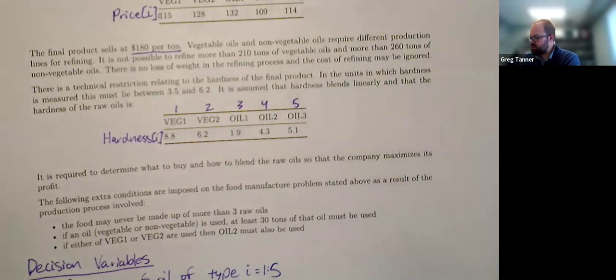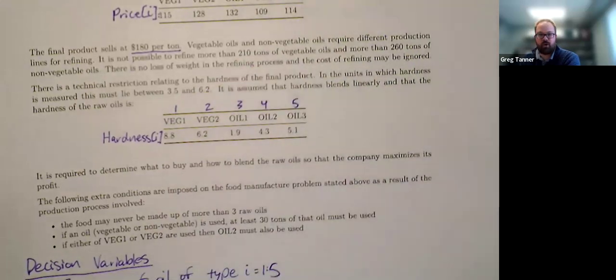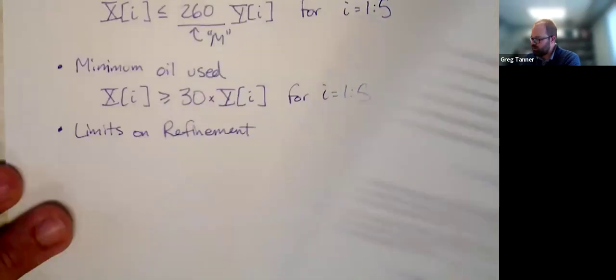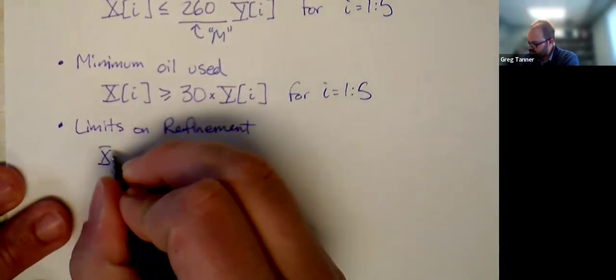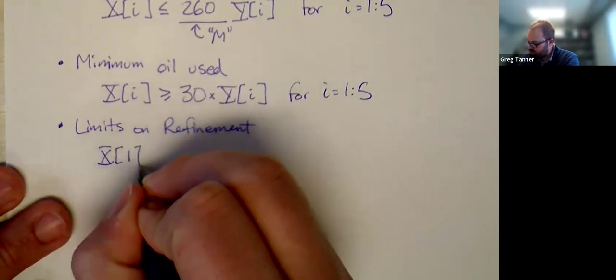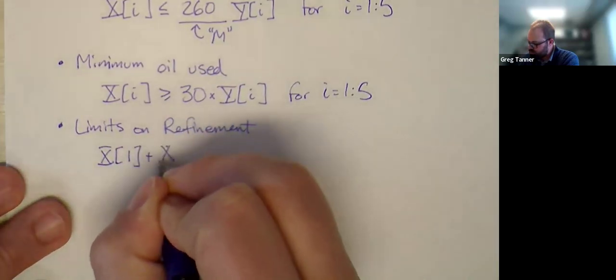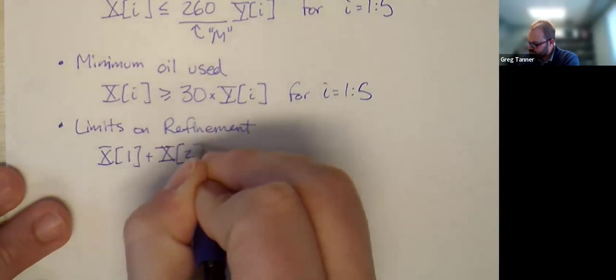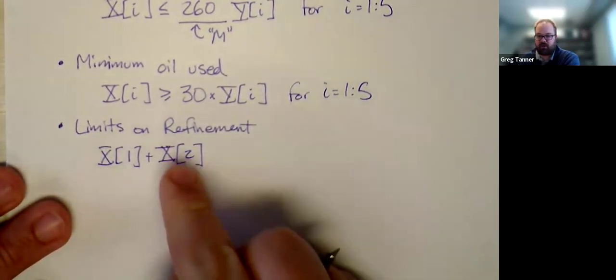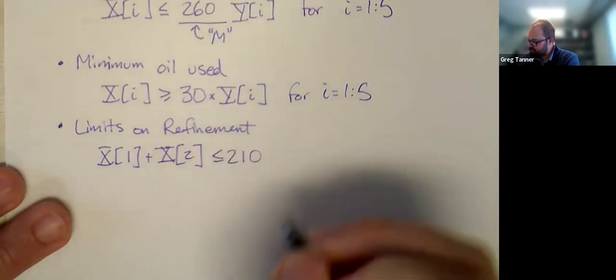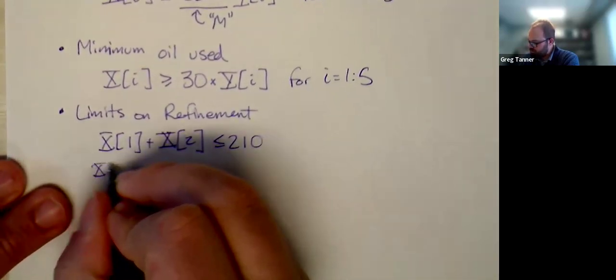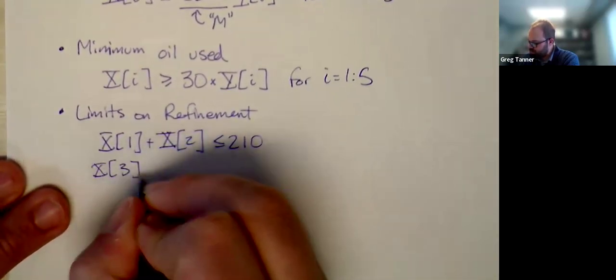And so this is going to be 2 constraints, one for vegetable oil and one for non-vegetable oil. For vegetable oil, our 2 vegetable oils are X1 and X2. And the total amount of vegetable oil has to be less than or equal to 210. And then for non-vegetable oils, that's the other 3.